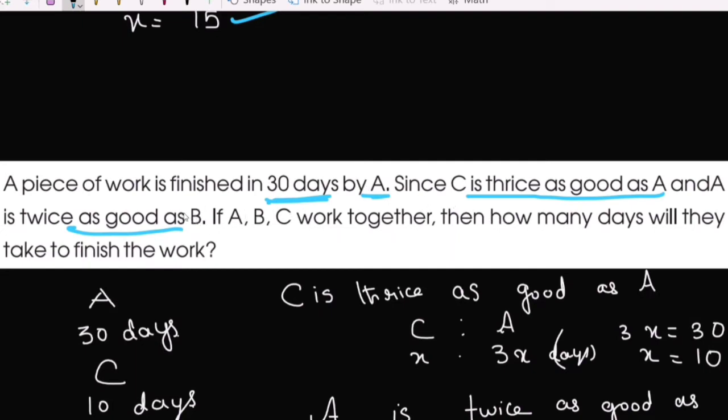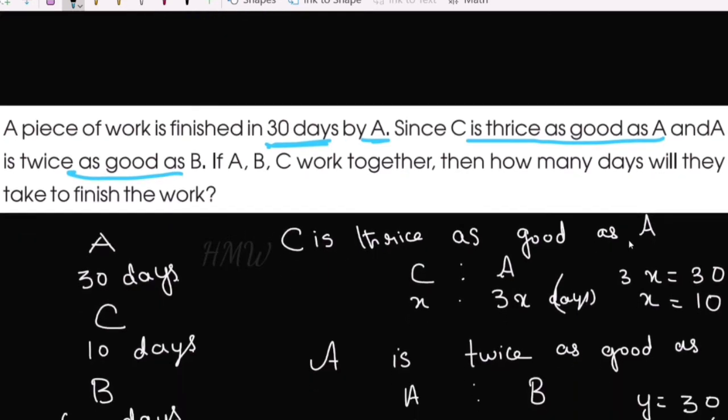A piece of work is finished by A in 30 days. C is thrice as good as A and A is twice as good as B. So C is thrice as good as A. Let us write C is to A. Suppose C takes X days to complete a work, A will take 3X days, because C is efficient, so C will take fewer days.